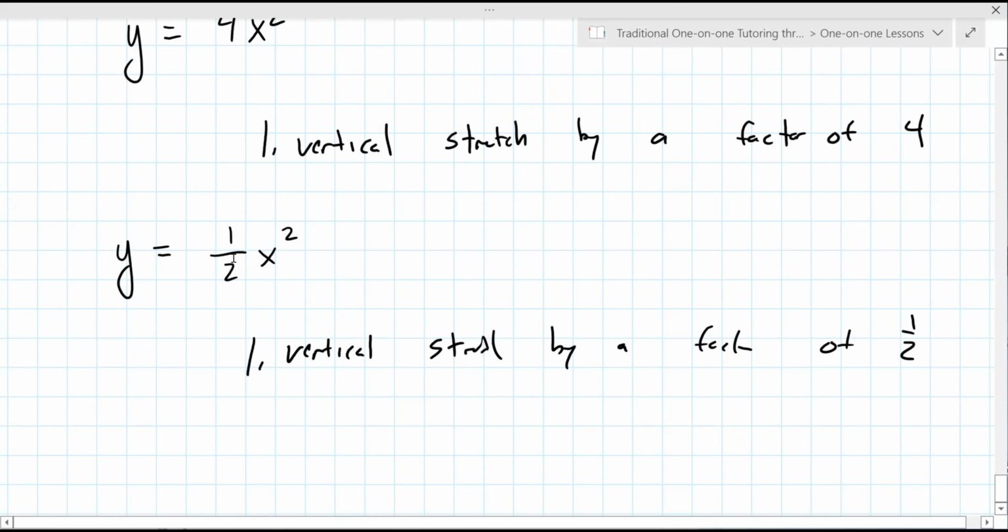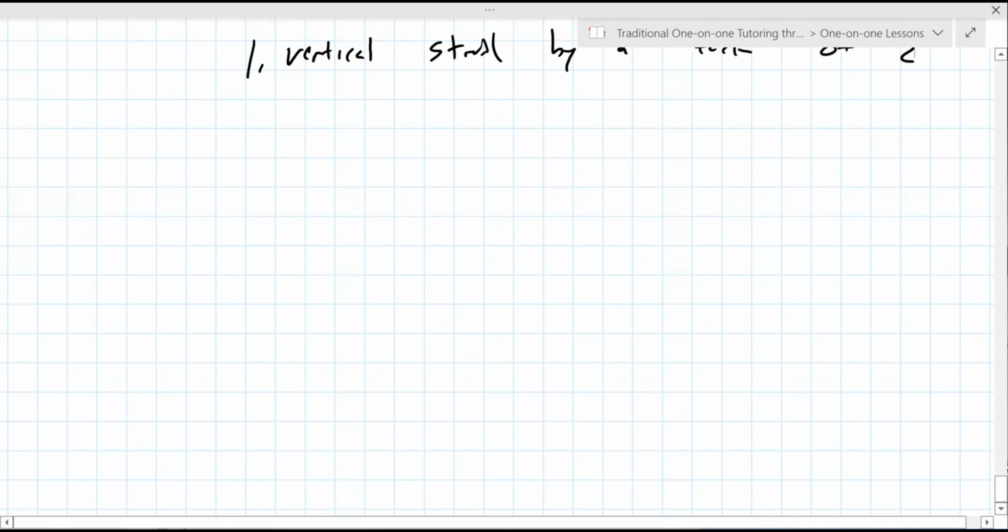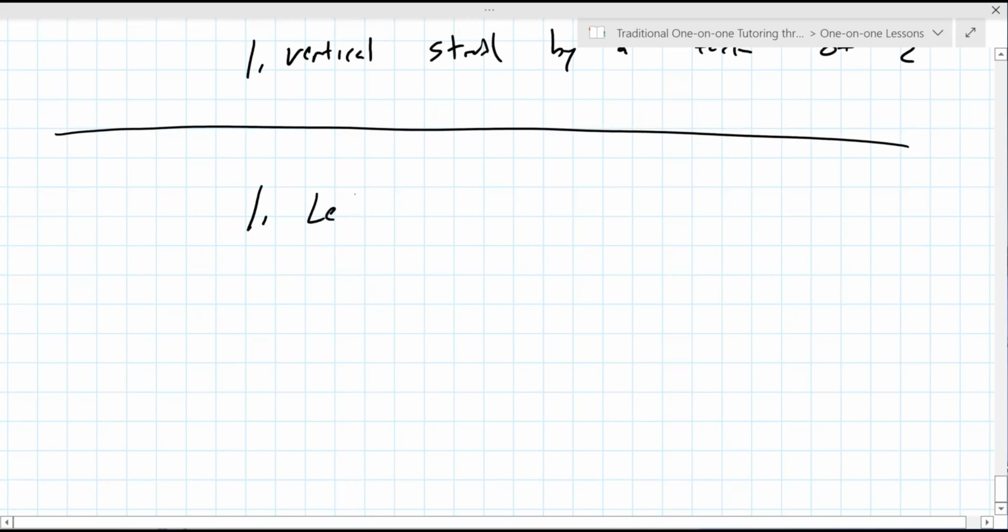Okay, so now we have 4 transformations, and here is the order that you will do the transformations in when you write them down. The first is you're going to do left or right. Then you're going to do, and this is 2 and 3, you can actually move back and forth, we'll just stick with reflect over the x-axis.